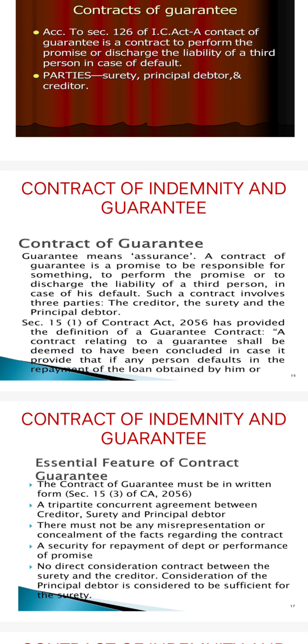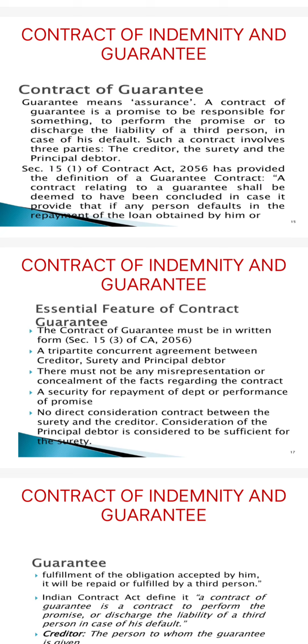Contract of guarantee means a contract to perform the promise or discharge the liability of the third person in case of default. Here three persons are involved in guarantee: surety, principal debtor, and creditor.